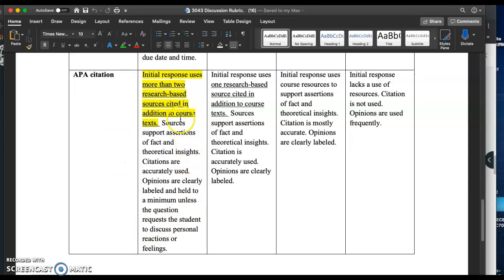I know that it says you must use 2 resources, but in order to get all of your points in the advanced column, your initial response uses more than 2 research-based sources cited in addition to course texts. So in order to get all of the points, you have to have 4 resources with your initial posting.